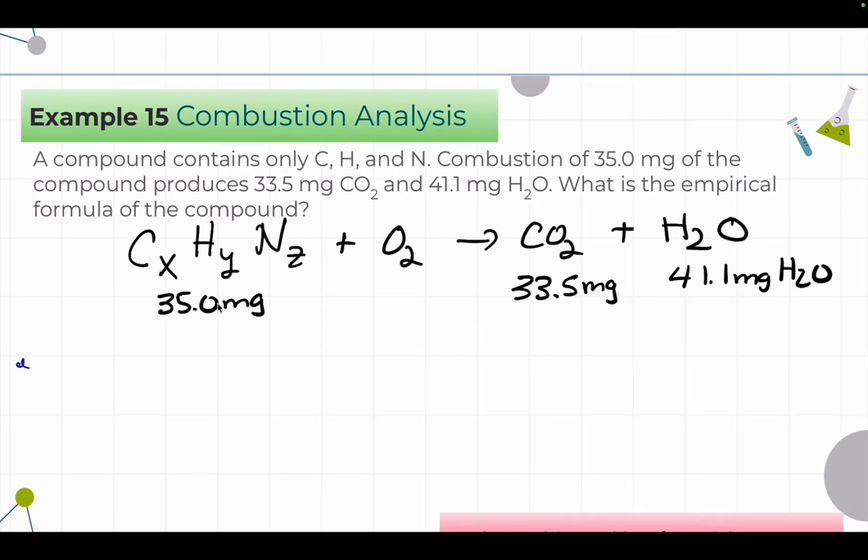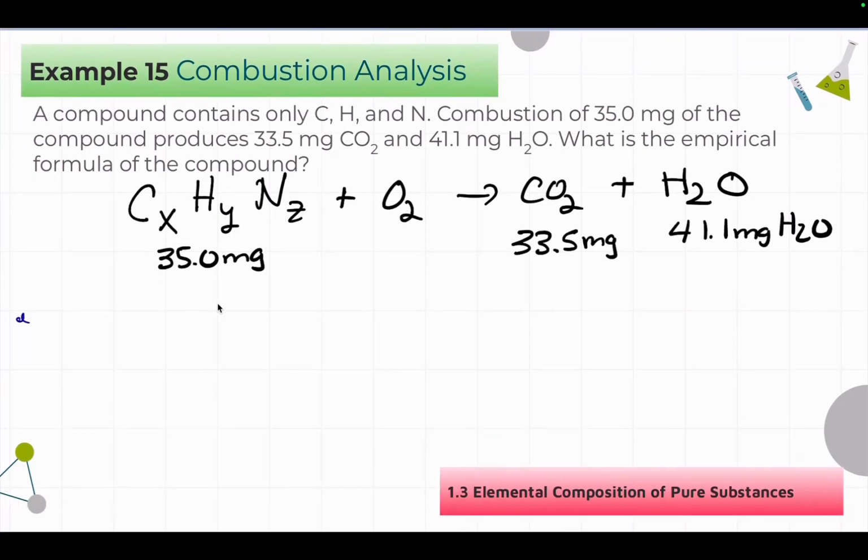What we want to do is start with the water and the carbon dioxide and then work our way to the nitrogen.